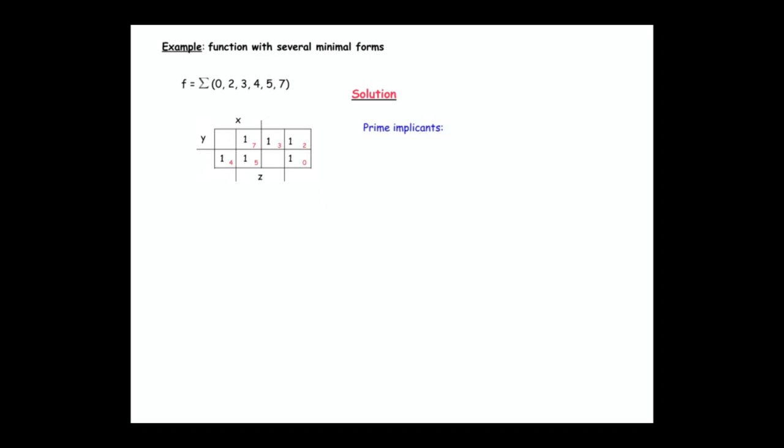Okay. All right. So now let's circle the prime implicants. So we don't have really big ones. So A, B, they overlap, but that's okay.